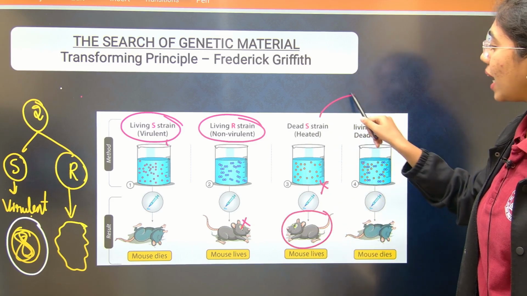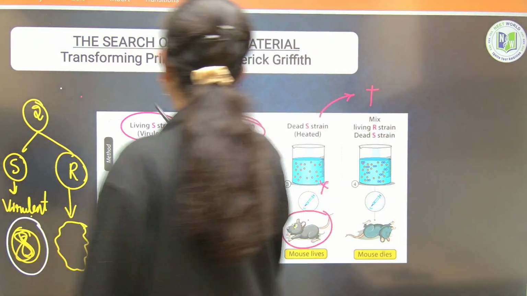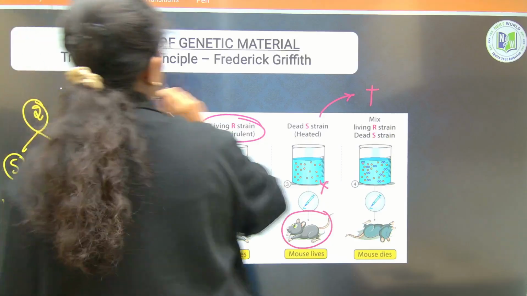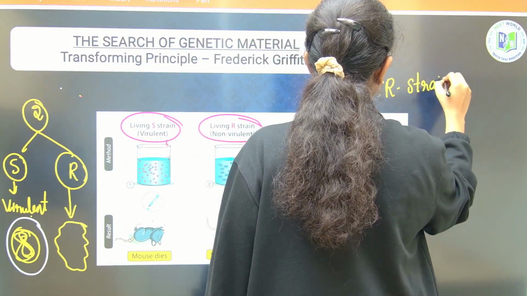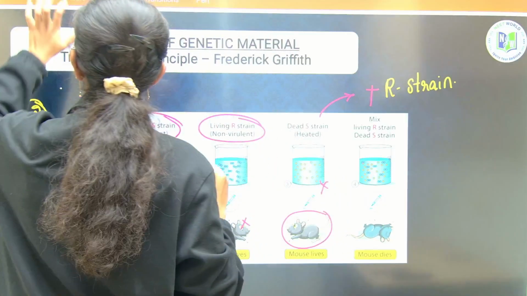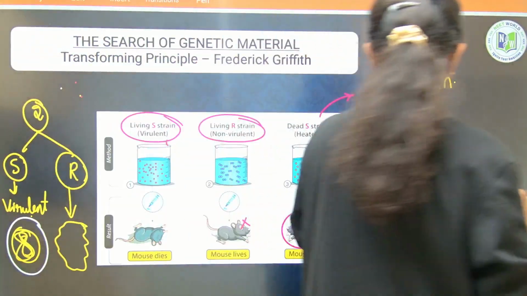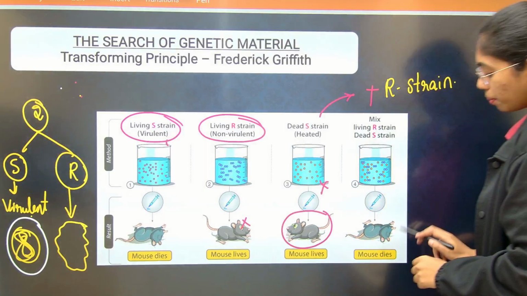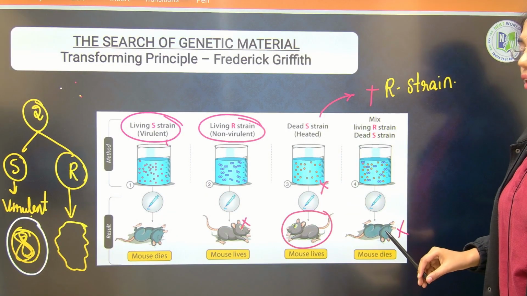When this heat killed S strain is mixed along with the living R strain and injected into the mouse, the mouse dies again. Okay, the mouse dies again. Fine, right?